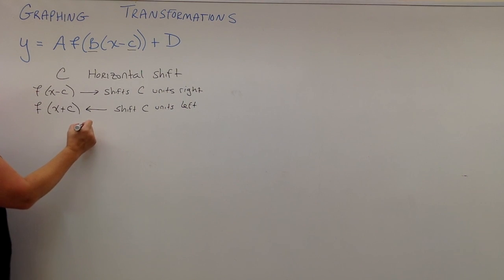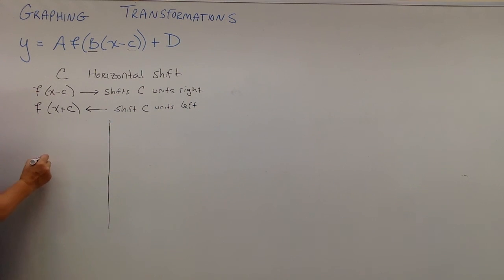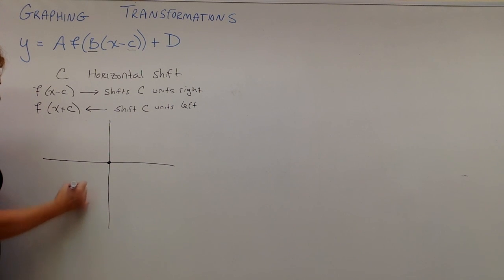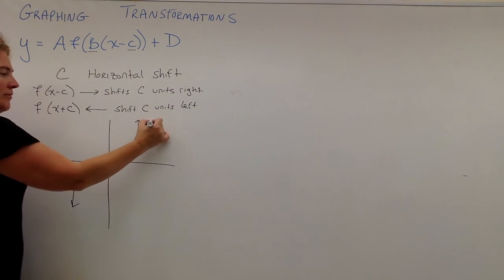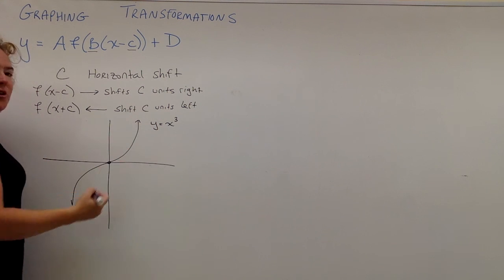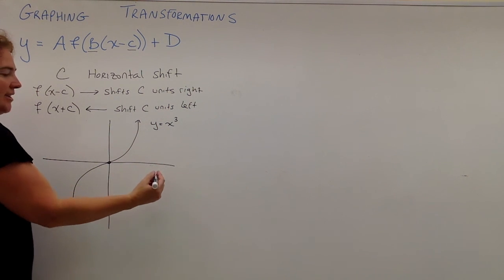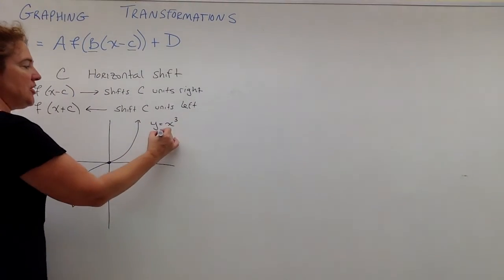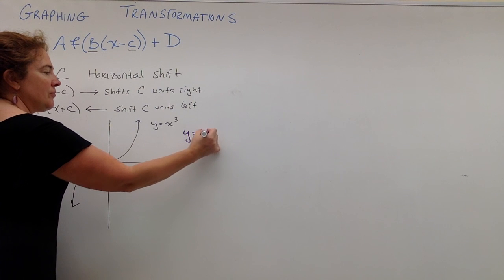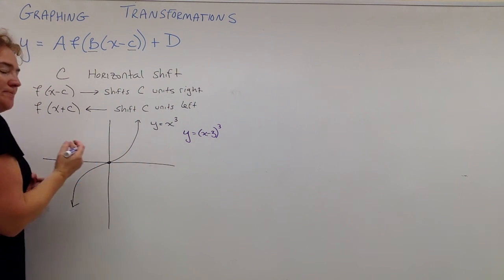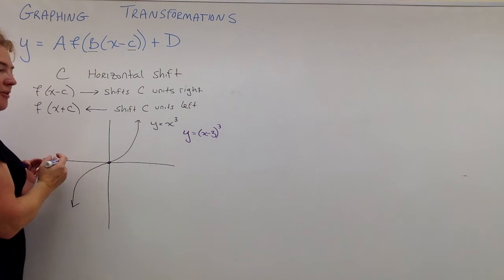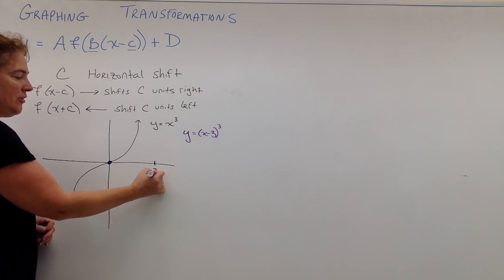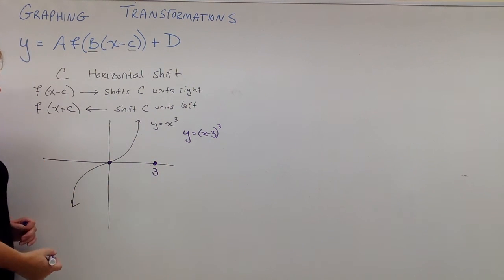So for example, I know that y equals x cubed looks like this. So if instead I have y is equal to x minus 3 cubed, what does that do? It just moves my whole graph 3 units to the right. So I take this reference point and I move it 3 units to the right.